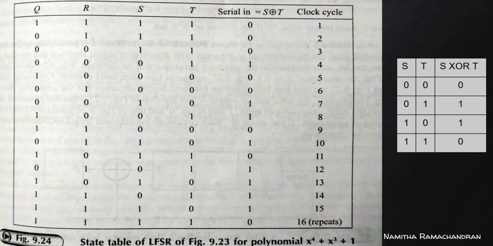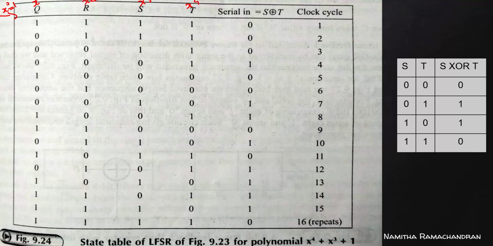What are the possible states? See, initially it is set with all 1s, 1, 1, 1, 1. And what are the states? This one indicates x to the power 1, x square. This is x cube and this is x4, and that input to the first flip-flop is represented as x to the power 0, that is equal to 1.